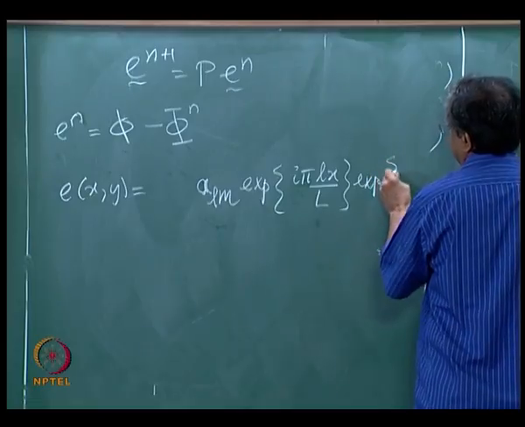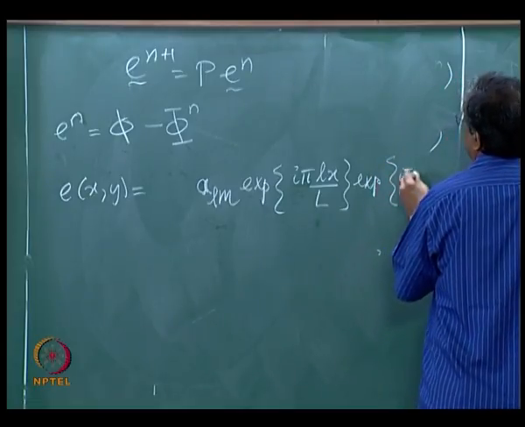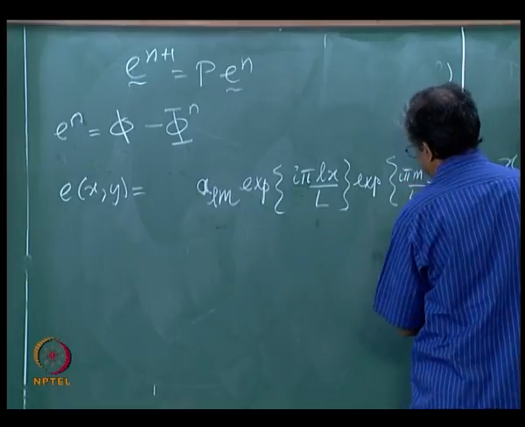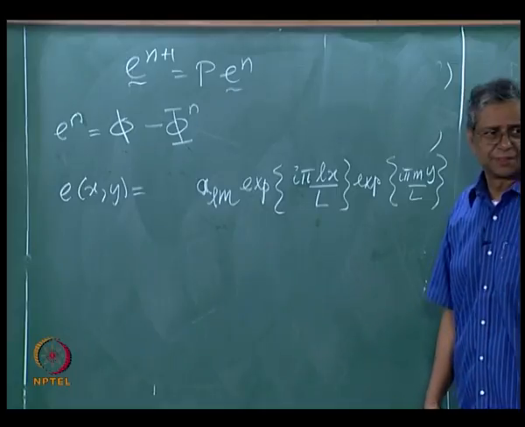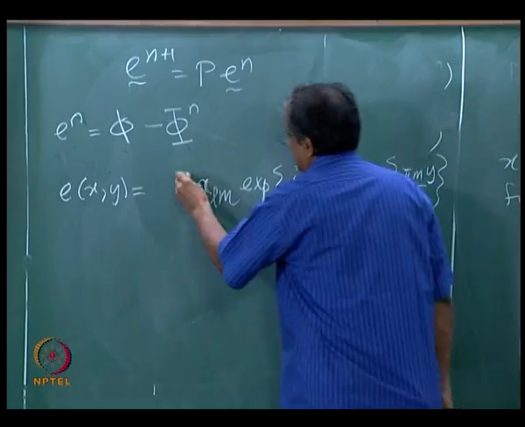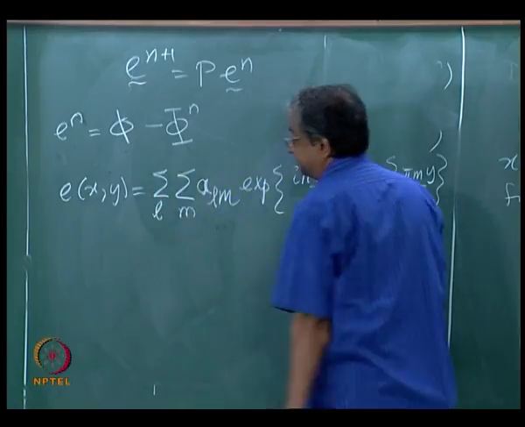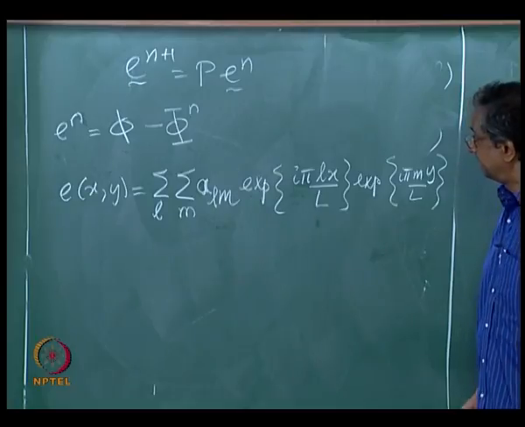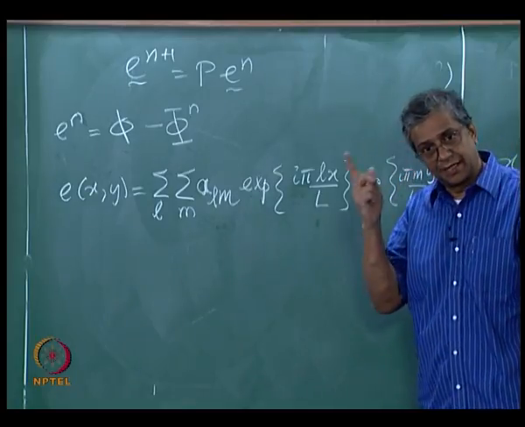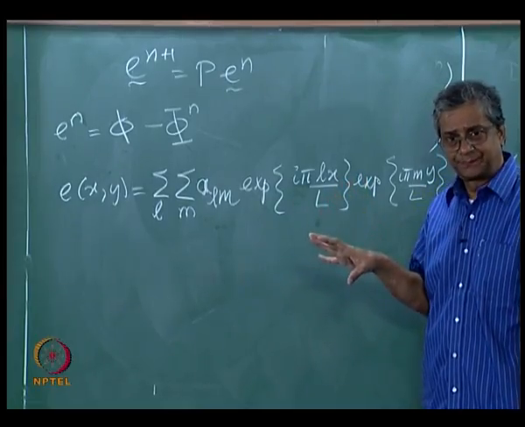Exponent i pi m y by capital L, right. So instead of a 1 by 1 unit square, I have an L by L. This is summed over m, summed over l. I know I am going to use a grid of a certain size, right.